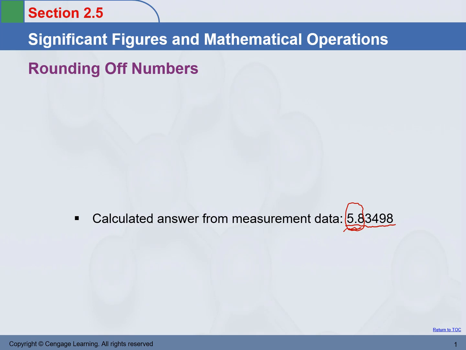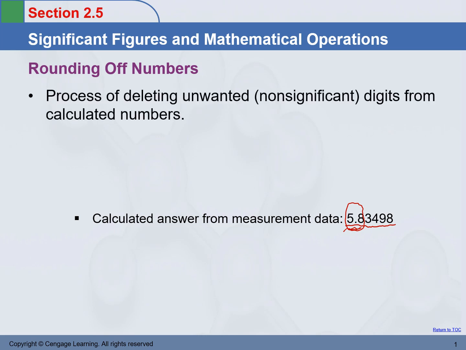So what do we need to learn before we learn the operational rules, calculation rules for measurement? We need to learn rounding off numbers. We need to learn the process of deleting unwanted or non-significant digits from calculated numbers.